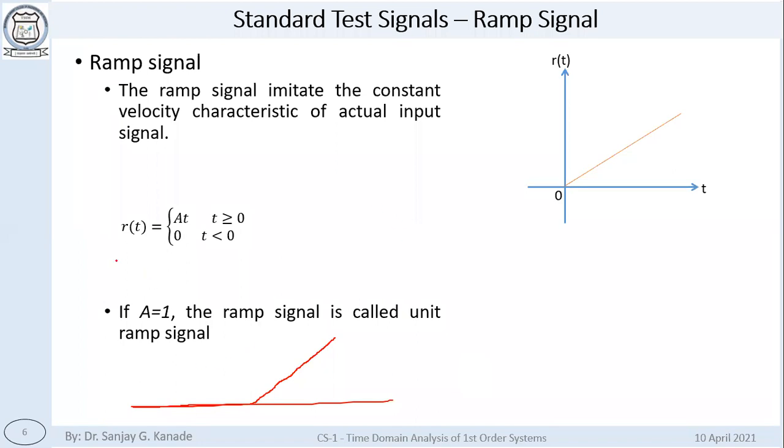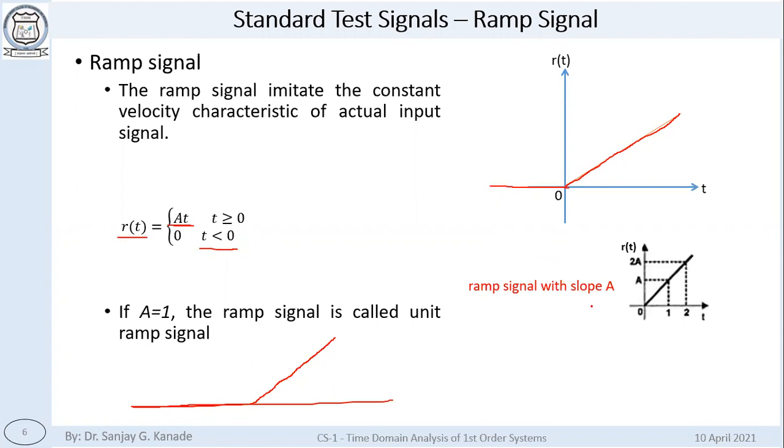Mathematically, again, they are represented by r of t is equal to A t for t greater than or equal to 0 and 0 for t less than 0. The graph of this signal looks like this. Before t equal to 0, the value is 0, and after that it is a constant slope line, and A in this case is the slope of the line.